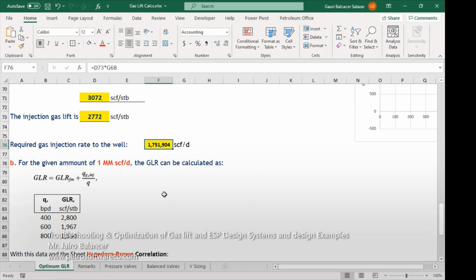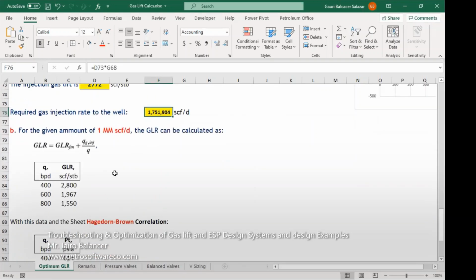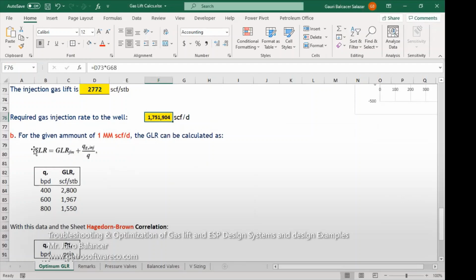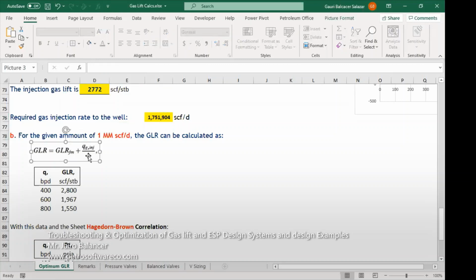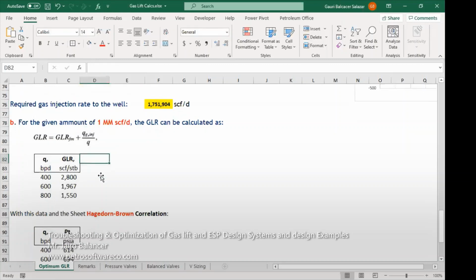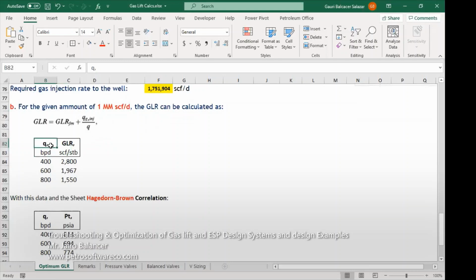Now we need to find out the required gas injection in the case of having only 1 million standard cubic feet per day. In that case, the gas lift ratio is the gas coming from the formation plus the gas injection which is available. In this case, it is 1 million divided by the rate. So with this, we got this table.